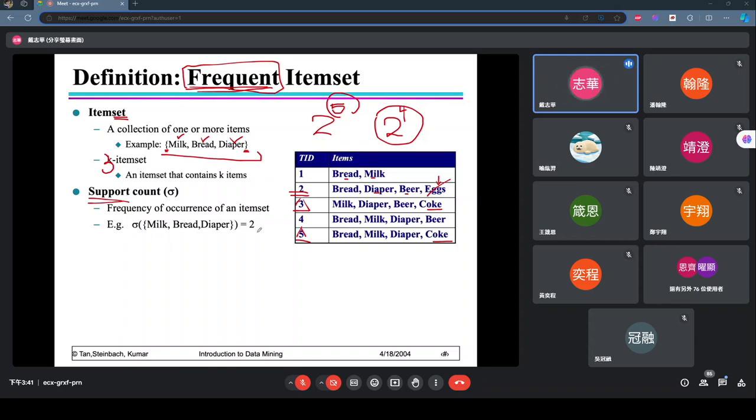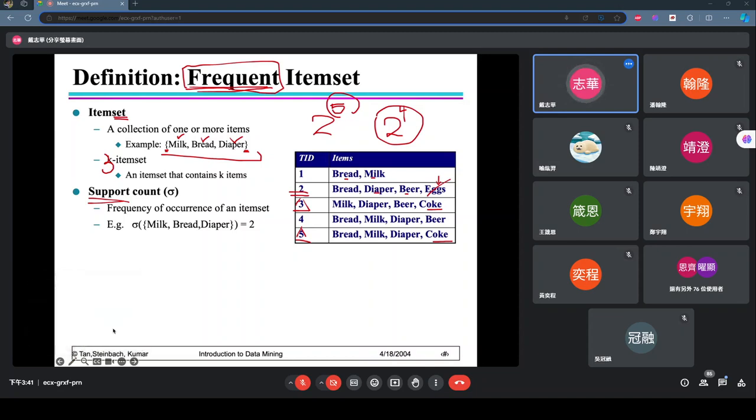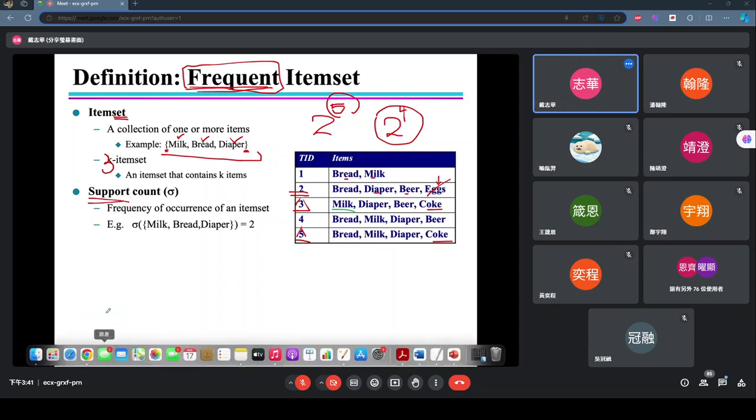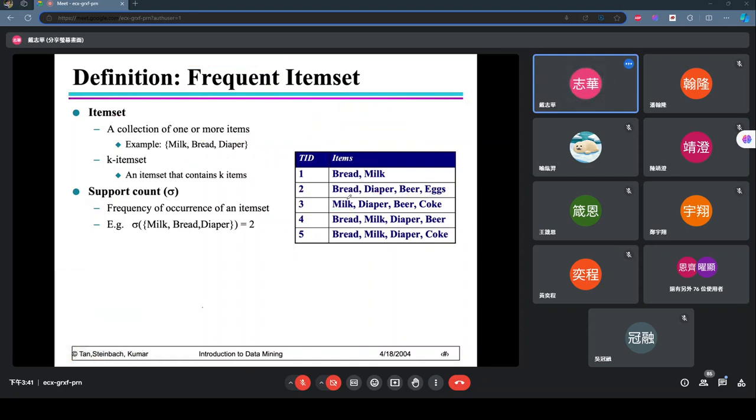For example, milk, bread, and diaper. Let me check again. Milk, bread, and diaper. Milk, bread, diaper.